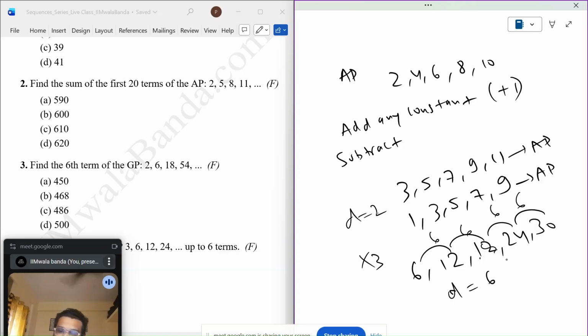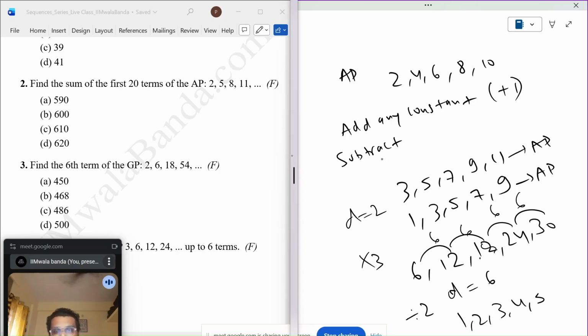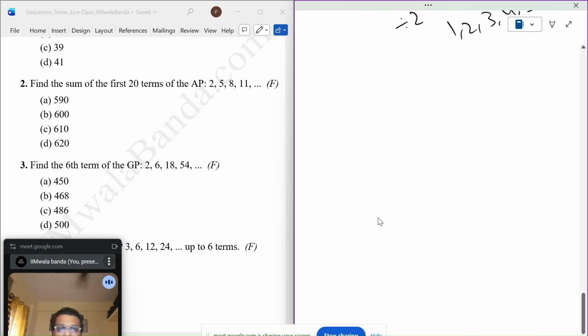So you can multiply anything, still it will remain an AP, and you can divide anything, it will still remain an AP. Now if you divide it by, let's say, 2, it will become 1, 2, 3, 4, 5, which looks like an AP. So anything can be added, subtracted, multiplied, or divided, and it will still remain an AP.